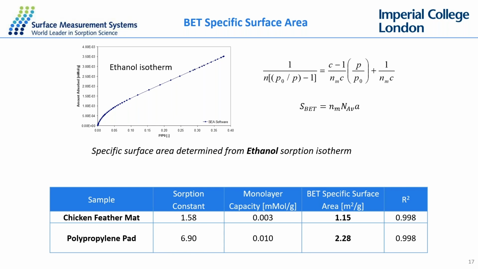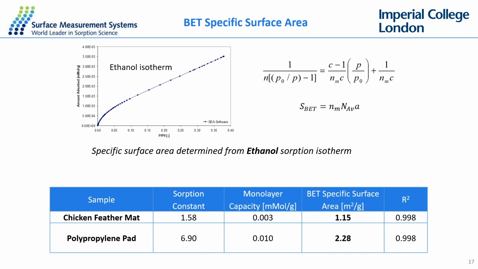Now, I'll talk about the BET specific surface area. This is a theory that explains the physical adsorption of gas molecules on a surface, and it serves as the basis for the measurement of the specific surface area. The BET equation displayed fits the isotherm type 2 or 4 over this specific range of equilibrium.